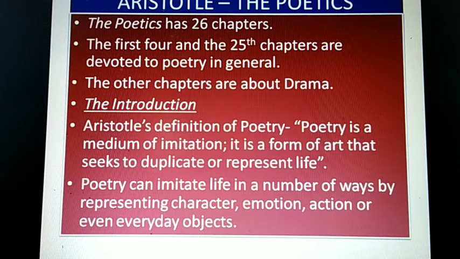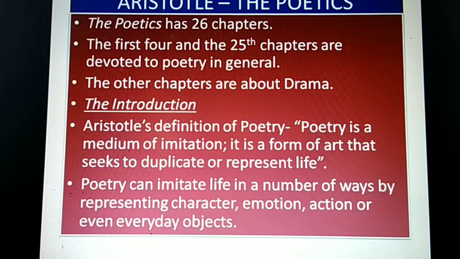Chapters 1 to 4 and the 25th chapter, so altogether 5 chapters, are devoted to poetry in general, and the other chapters are about drama, especially tragedy. Aristotle speaks about tragedy. He also speaks about comedy. He compares tragedy and epic, and we will look at all that later.